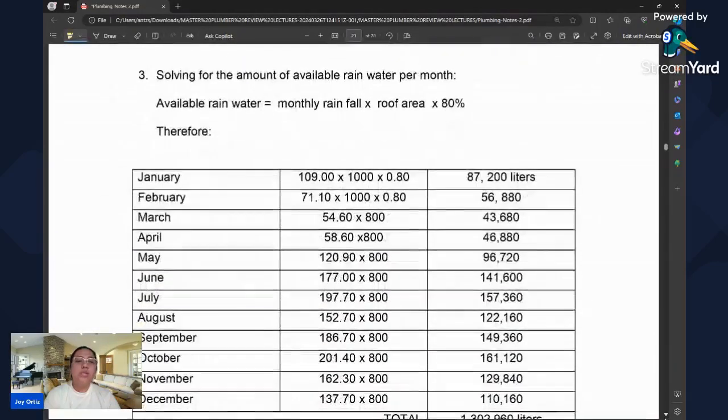Now we need to solve the amount of available rainwater per month. This is the formula: available rainwater is equal to monthly rainfall times roof area times 80%.